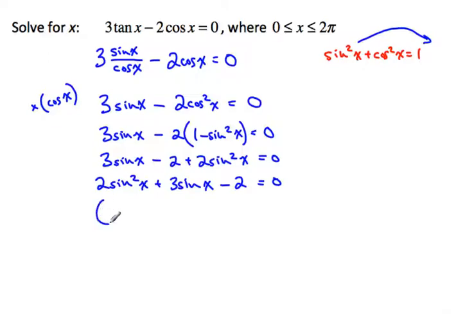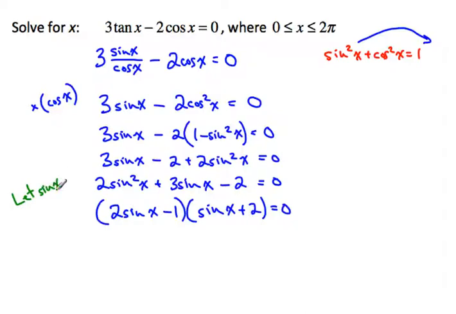And that can be factored as 2 sine x minus 1 times sine x plus 2 equals 0. And if that's hard to see, remember this is the step where in the previous problem we would have let sine x be equal to a, and then this would have become 2a squared plus 3a minus 2 is equal to 0.